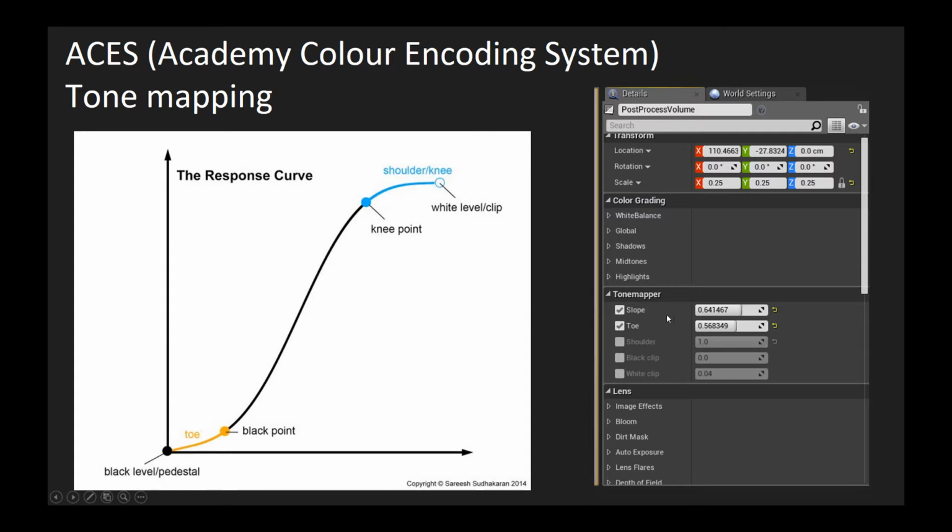The slope is that black line, the angle of that black line. The toe is here, so how tangent to the horizontal it will be. And the shoulder is the opposite. The white clip and the black clip are things we're very familiar with if you've used levels in Photoshop. And that's it. So that's really simple.